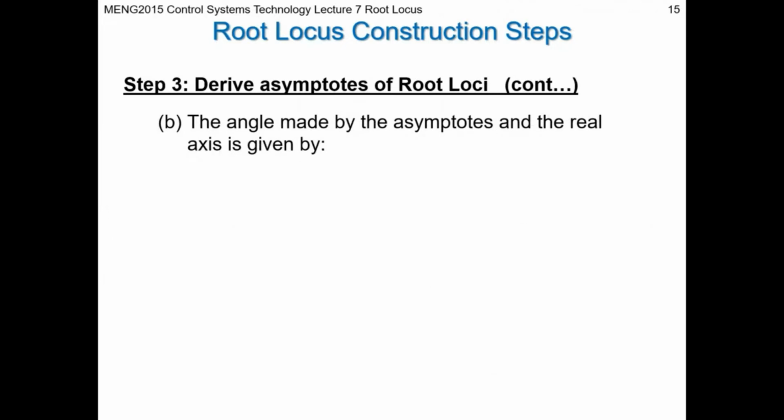So let's look at the angle. The angle made between the asymptotes and the real axis is given by this: theta equals 1 plus 2k times pi over n minus m.